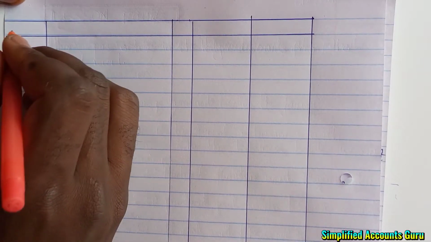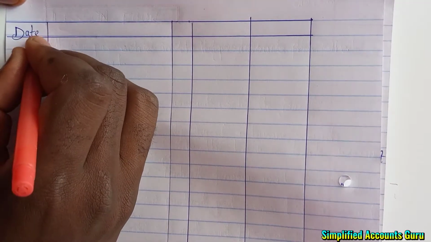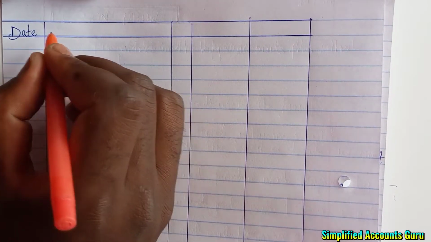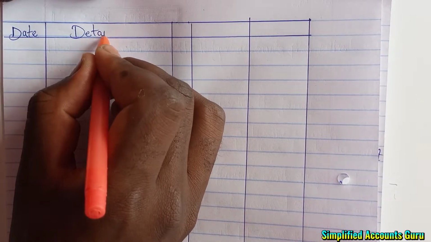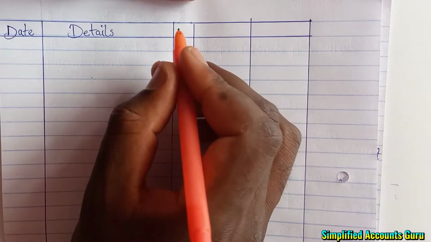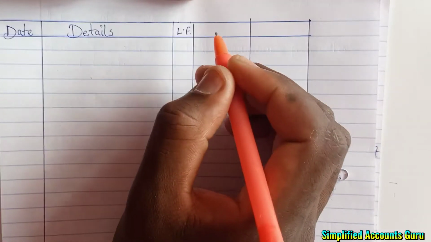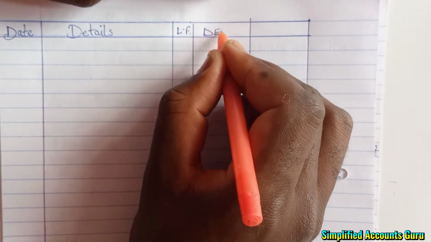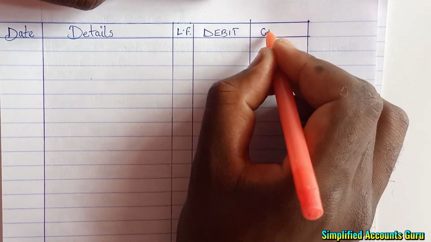We are supposed to be having the date. The next thing that we need to have is the details. Then here is the ledger folio. Here we have the debit side. Then we have the credit side.